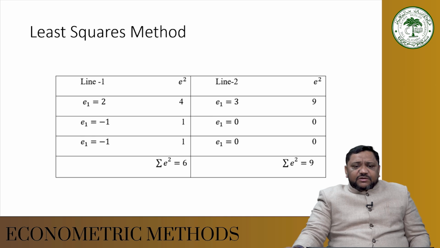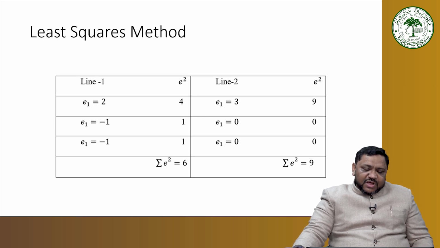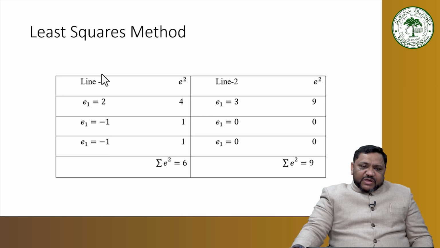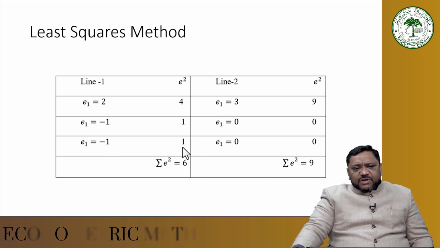Another criterion is that we square the errors and minimize the sum of the squared errors. Say we have line 1, the errors are 2, -1, -1. If we square them, 2 becomes 4, -1 squared becomes 1, and -1 squared becomes 1.